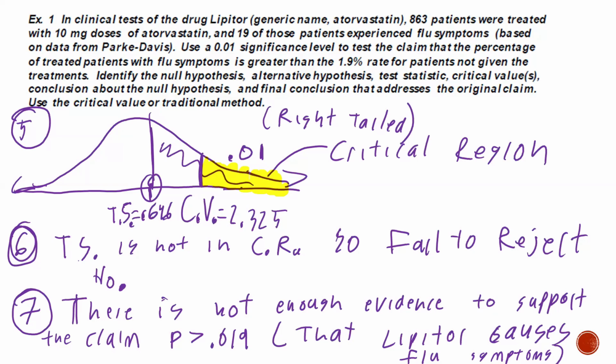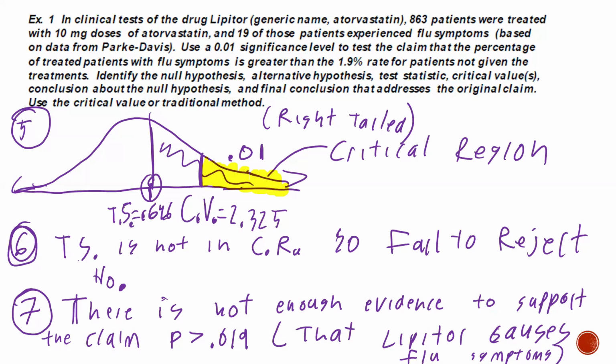But based on the size of the effect and the size of our sample, we don't have enough evidence to say it wasn't caused by chance. If you still think Lipitor causes a very minute but real effect in flu symptoms, you would need a much bigger sample.